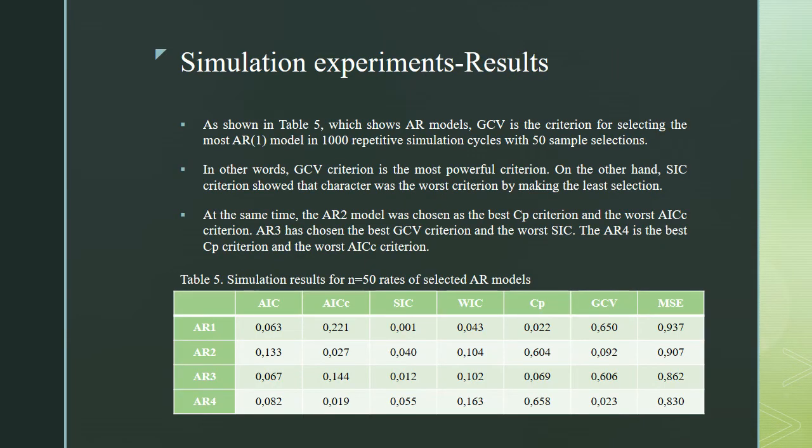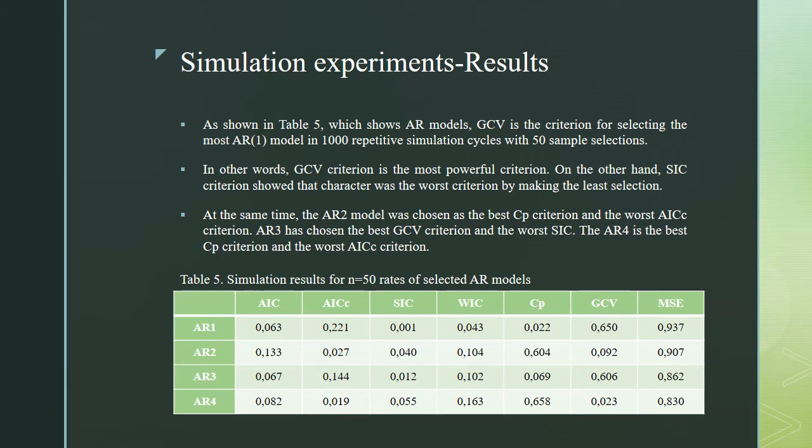Simulation experiment results. As shown in Table 5, which shows the AR models, generalized cross-validation is the best criterion for selecting the AR1 model in 1,000 repetitive simulation cycles with 15 sample size. In other words, the generalized cross-validation criterion is the most powerful criterion.